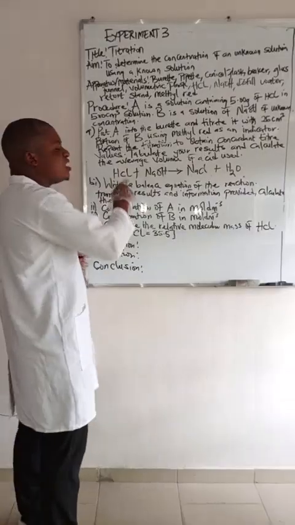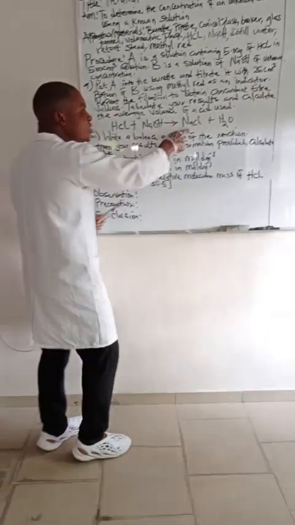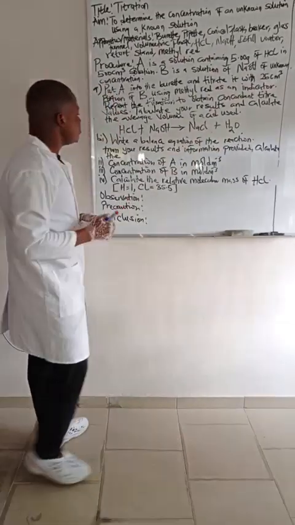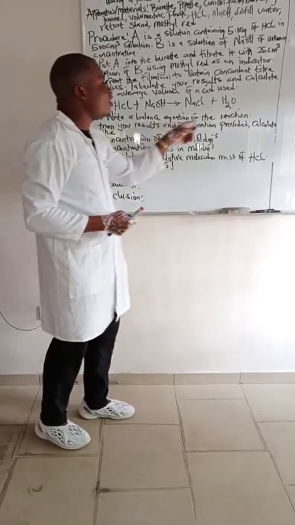Now, an equation is given on the board: HCl reacting with sodium hydroxide, a base, to produce sodium chloride and water. B(i) says, write a balanced equation of the reaction.